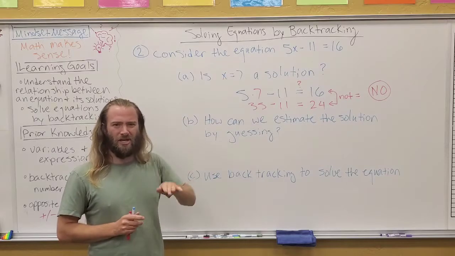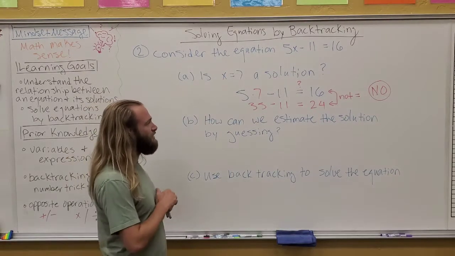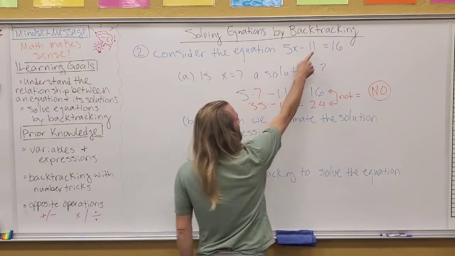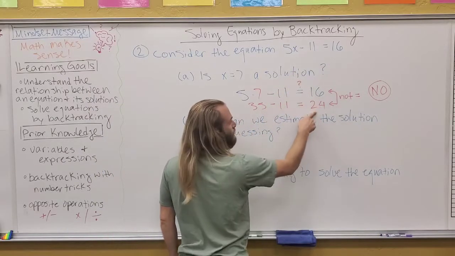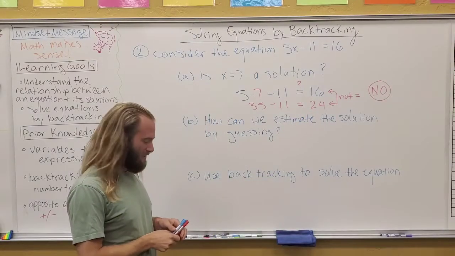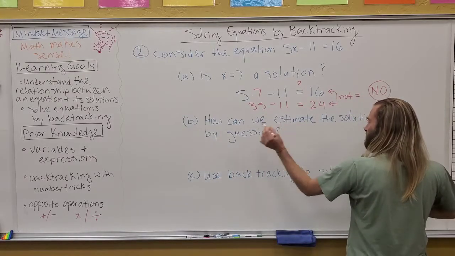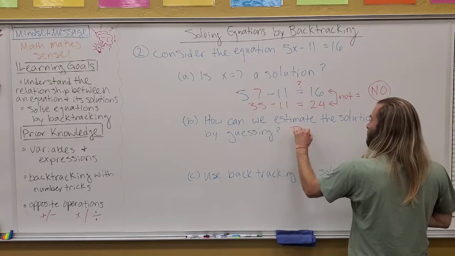Should I go up or should I go down? Different ways you could think about it. Notice that we're subtracting 11 here, and the 24 was too high. I almost think we might want to try going down. Maybe that'll get better.